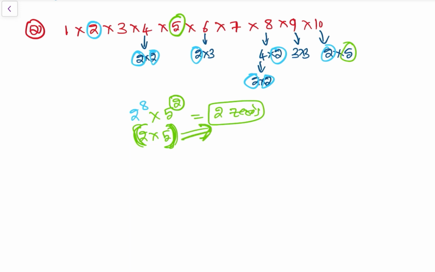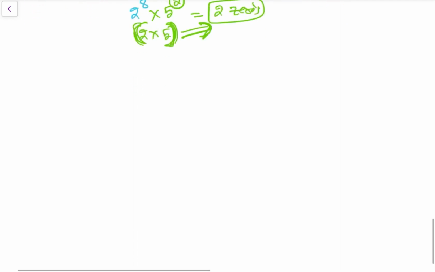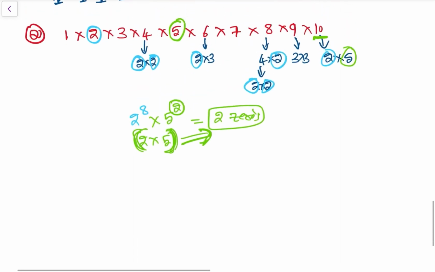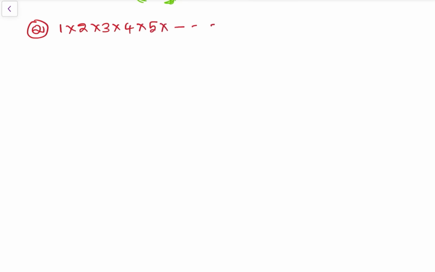ठीक है. अब imagine if the product is say 10 numbers, then we can calculate easily, but imagine if the product is like this. So write down the question: 1 into 2 into 3 into 4 into 5 and so on into 48 into 49 into 50.